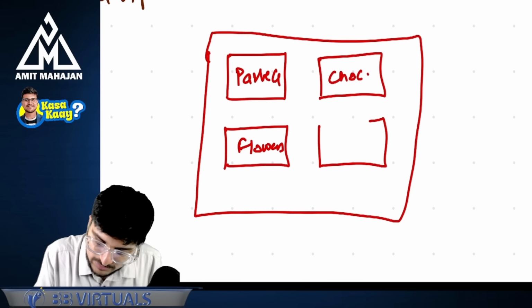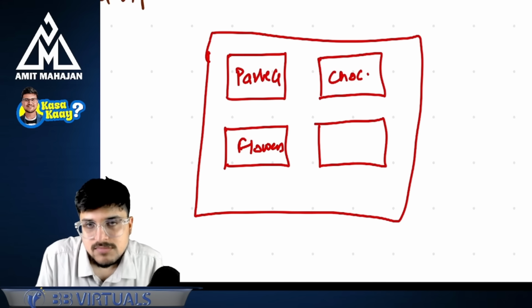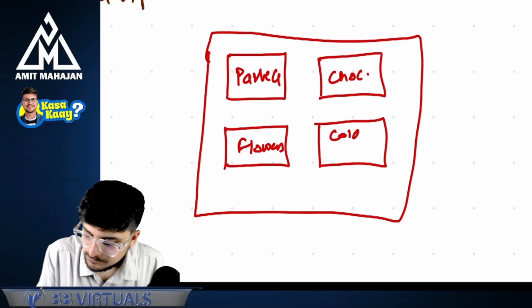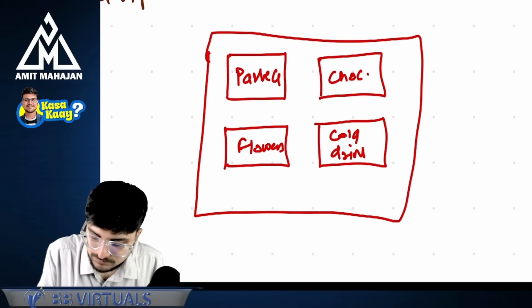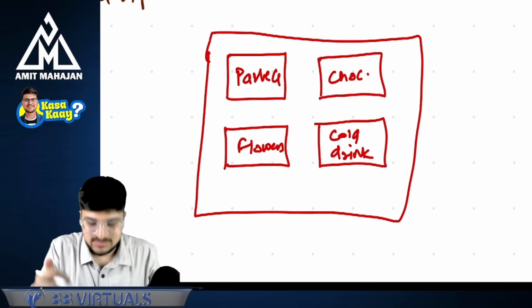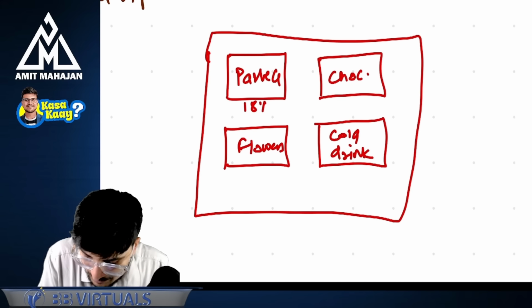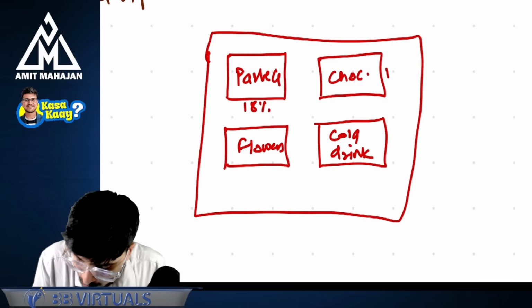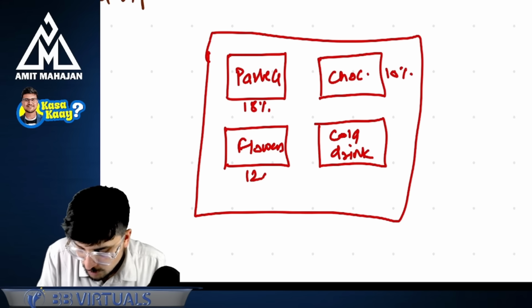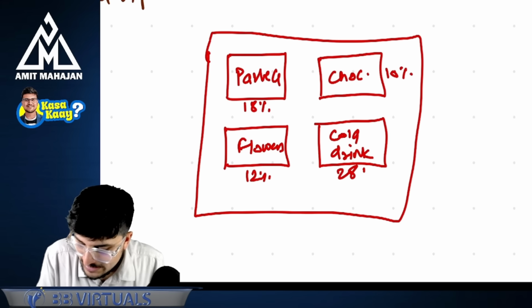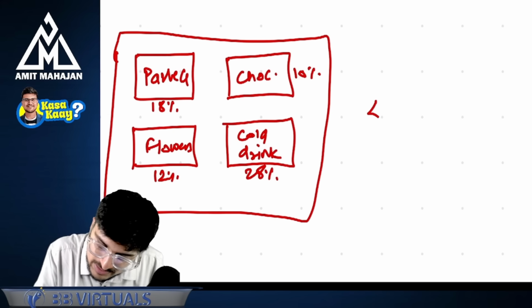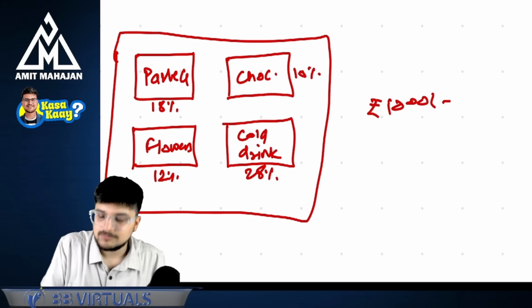Then I bought a cold drink, and I made a hamper of that. So if you see independently, Parle G is charged at 18%, chocolate 10%, flowers 12%, and cold drink 28%. And this entire hamper is getting sold for 1000 rupees.